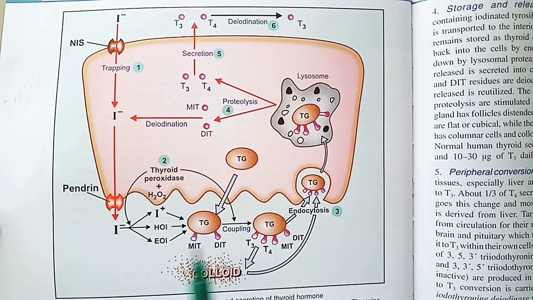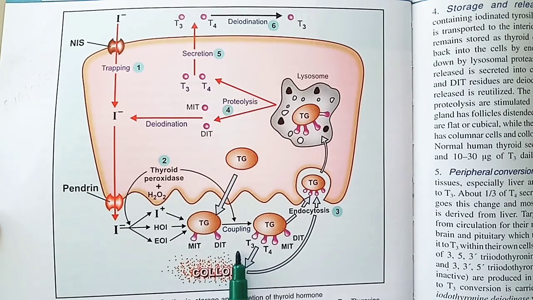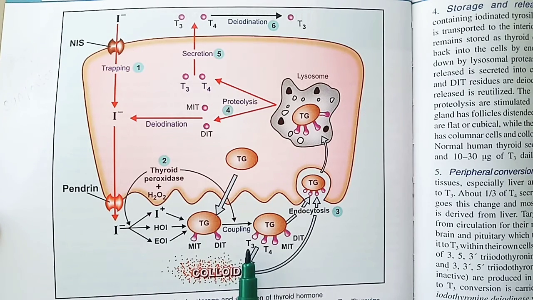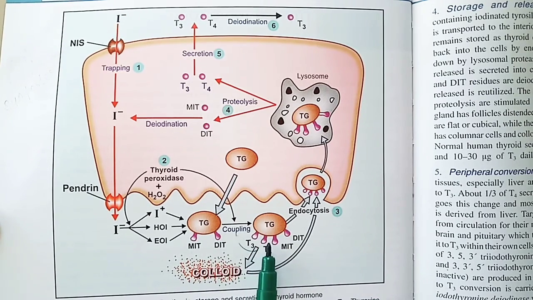One DIT plus one MIT forms T3, and one DIT plus another DIT, that is two molecules of DIT, forms T4. So mono means a single iodotyrosine molecule combining with a diiodotyrosine molecule forms T3, and two diiodotyrosine molecules lead to the formation of T4. This coupling process yields the thyroglobulin molecule with T3 and T4.